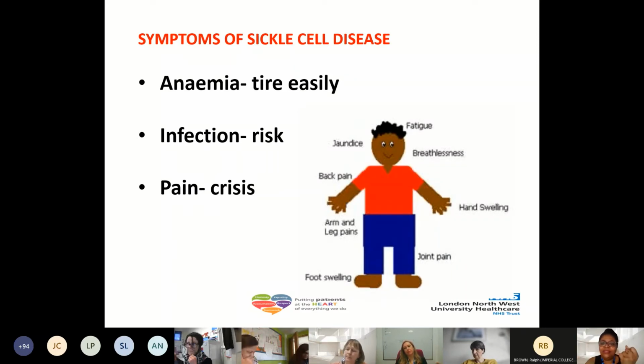They can have hand swelling, arm and leg pain, joint pain, foot swelling. So it reaches from head to foot, everywhere, and that is a horrible situation to be in most of the time for people with sickle cell anemia.